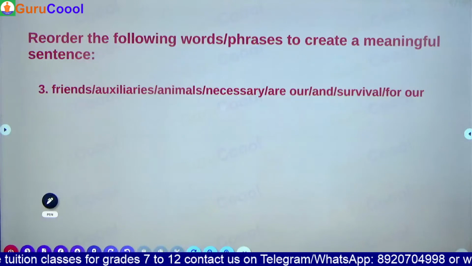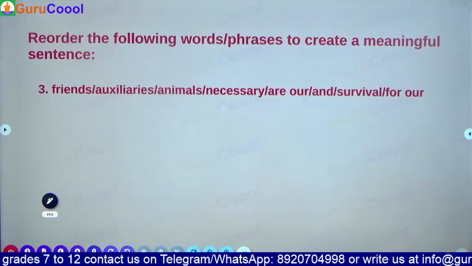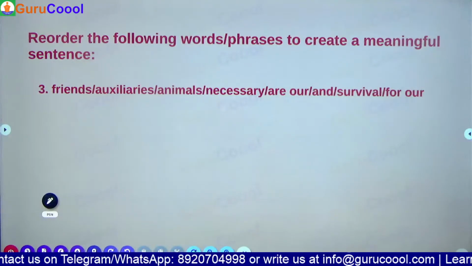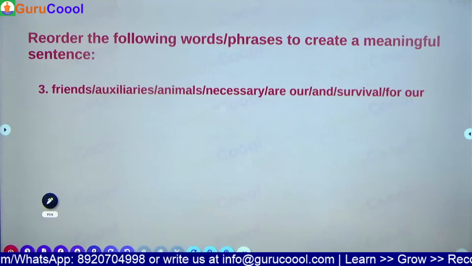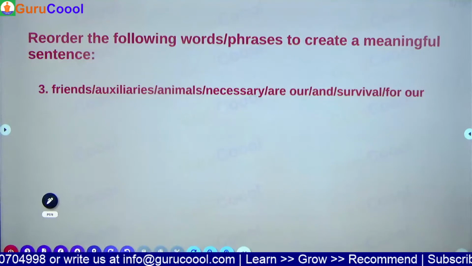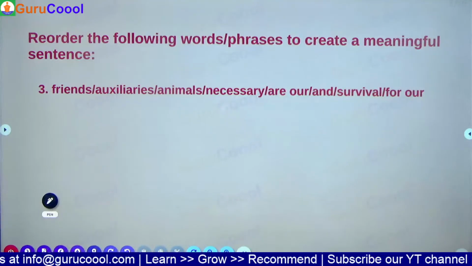David, why did you join late? Okay, Lakshita. Friends, animals are our auxiliaries and necessary for our survival. What was the very first? Friends.